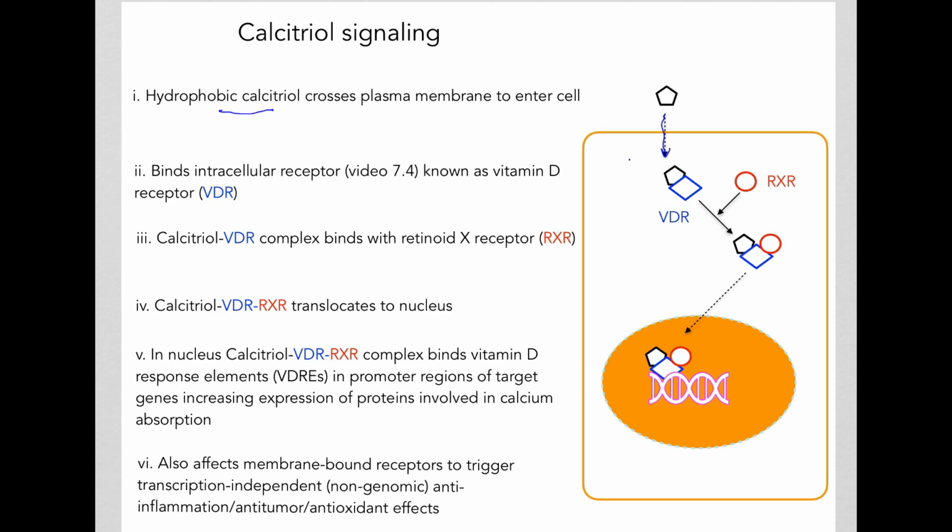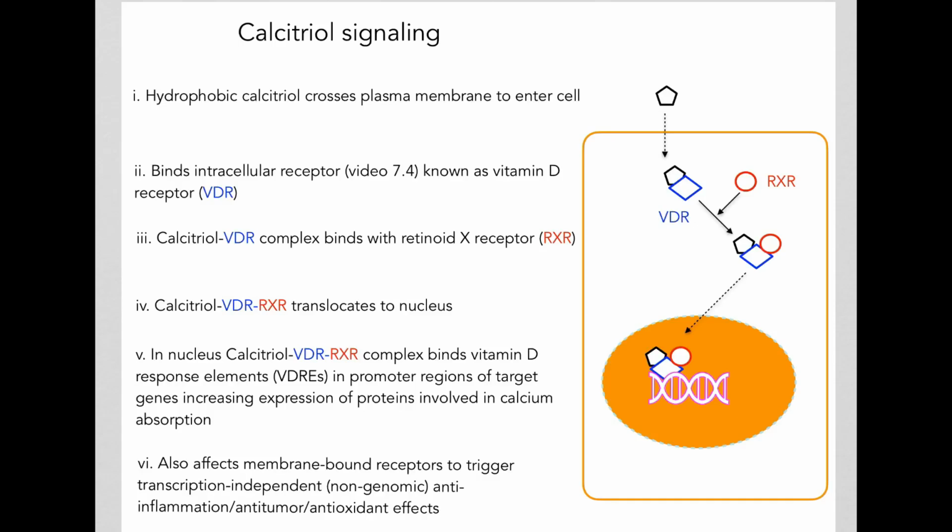In the cytoplasm, it will bind an intracellular receptor, and we talked about intracellular receptors in video 7.4. And the intracellular receptor bound by calcitriol is called vitamin D receptor, or VDR. So this calcitriol binds VDR.